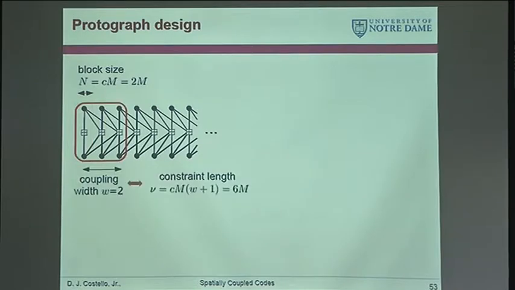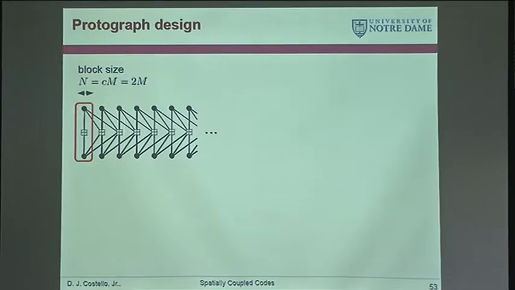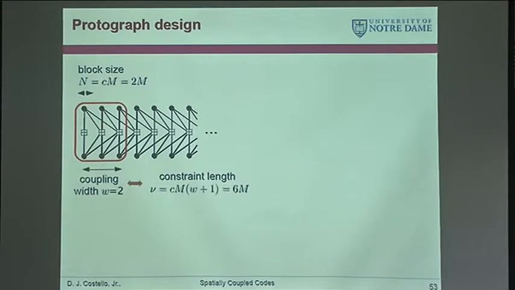So in terms of this little protograph, we have a block size n, which is just the number of variable nodes here, which is 2 times the lifting factor. And then we have a coupling width of 2. Now, here the notation changes again because it came from a different presentation. Instead of using m sub s for syndrome former memory, we're using little w for coupling width.